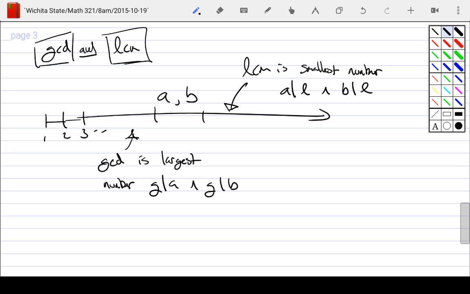These are now numbers I want to divide up some bigger numbers. Obviously there's an easy one, A times B, right? A divides A times B, B divides A times B. That's a common multiple, but that doesn't necessarily mean it's the smallest. I'm going to look for the smallest number that both A and B divide.